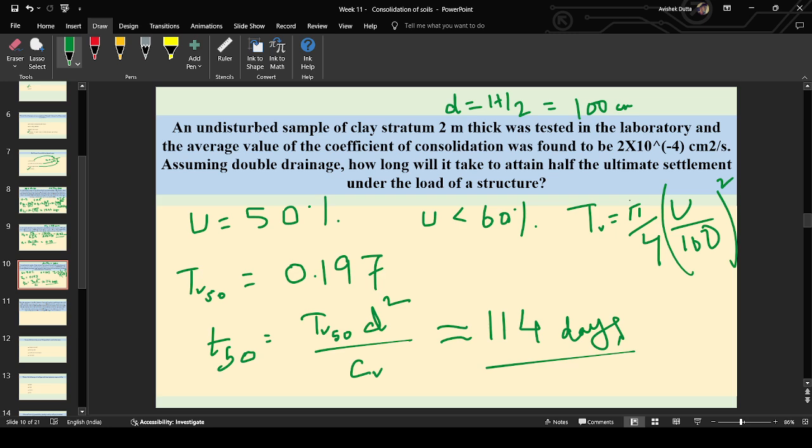This is Cv, 2 × 10^-4. Have you got it? Yes, sir, same answer.